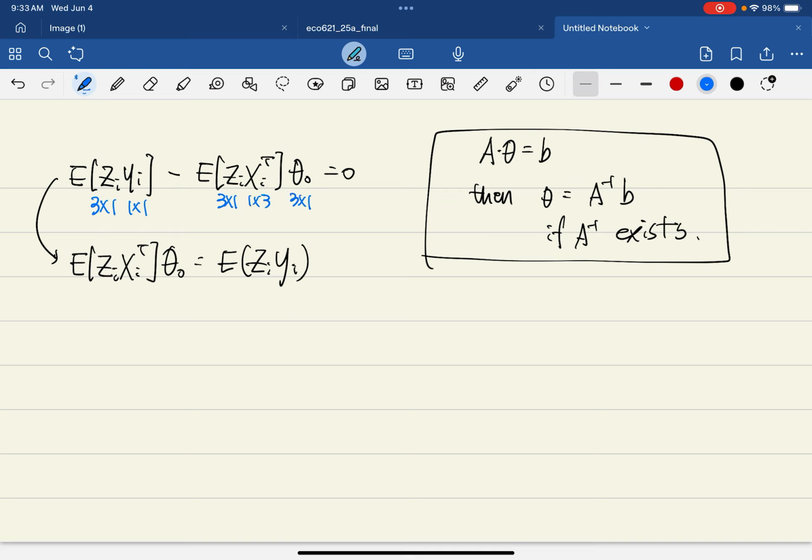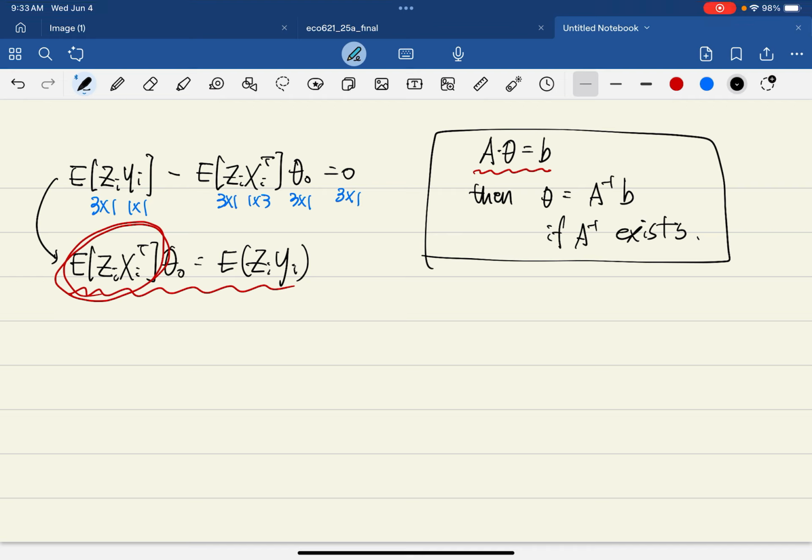So dimension matches. So of course 0 stands for a 3 by 1 vector of zeros. So this is exactly the same form as this one, right? We only need to check its invertibility, right? It is a square matrix.